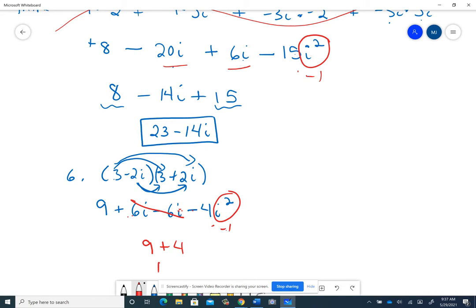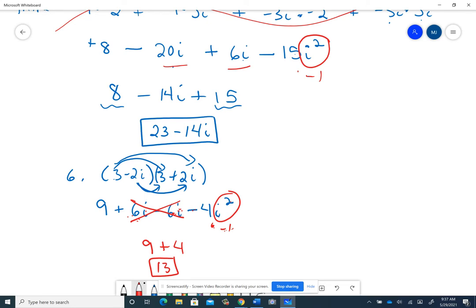And 9 plus 4 is 13. This one turns out to just be the number 13 when you're finished. There's no i's left anywhere, because the middle terms were opposites, so they canceled out, and then i squared got replaced, so -4 times -1 gave you just positive 4, and then 9 and 4 could be combined. We're going to use that result in a minute on number 8.